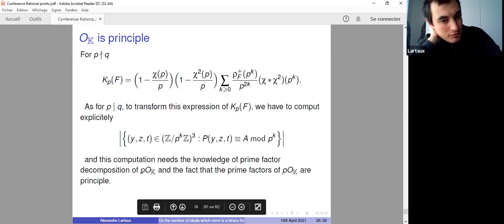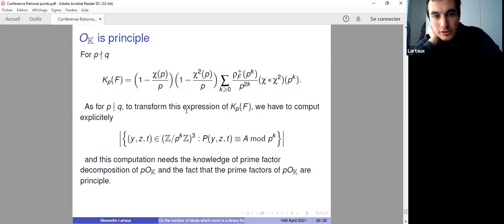And this prime factor decomposition is given by the value of key of P. If key of P is equal to 1, then POK is the product of 3 prime ideals. And if key of P is not equal to 1, then POK is 1 prime ideal.